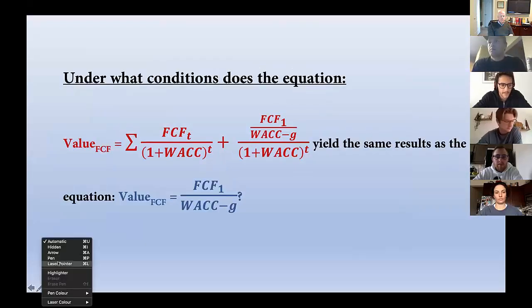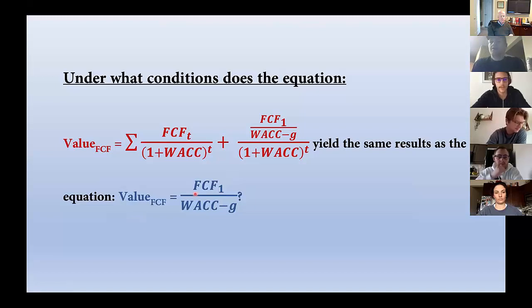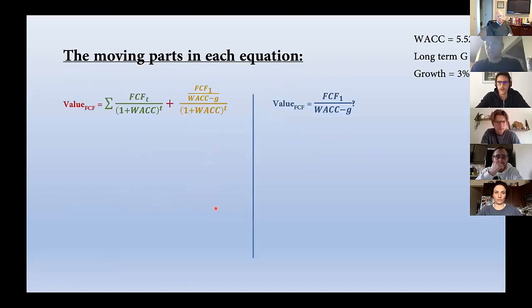Okay, so my question was, under what condition does the free cash flow model yield the same result as the equation free cash flow 1 divided by WACC minus G? So first off, I think it would be a good thing to break the free cash flow model in two.